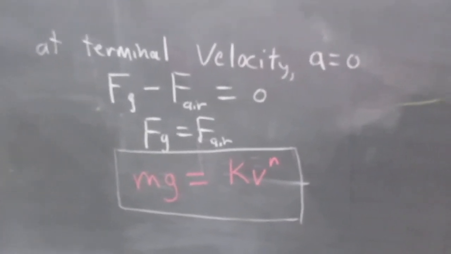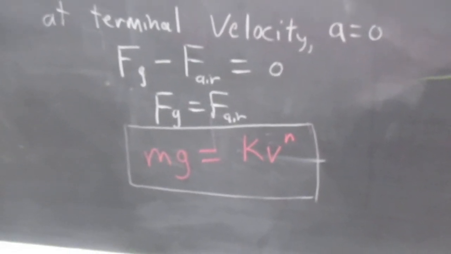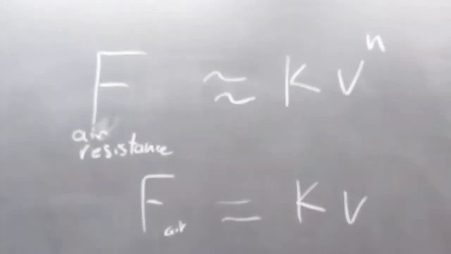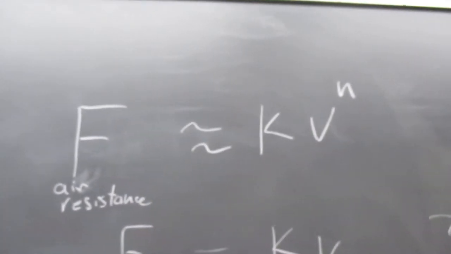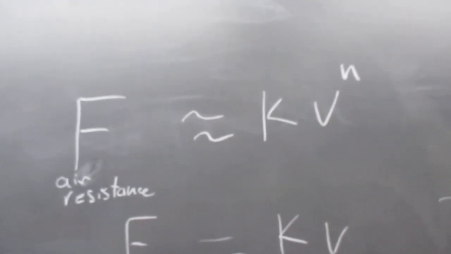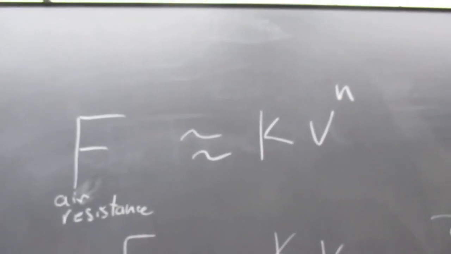Now we're going to use this model that's given to us to calculate the force of air resistance. The force of air resistance may be approximated as some constant times the velocity to some power, n, whether it's terminal velocity or not.